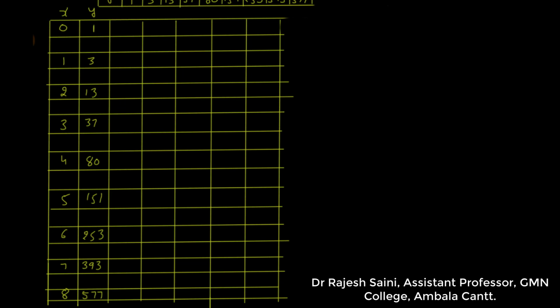Now we will find the first order difference, delta y. 3 minus 1, 2; 13 minus 3, 10; 37 minus 13, 24; 80 minus 37, 43; 151 minus 80, 71; 253 minus 151 is 102; 393 minus 253 is 140; 577 minus 393 is 184.